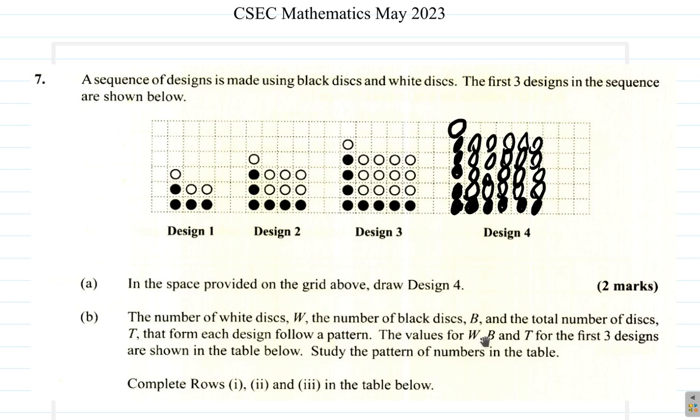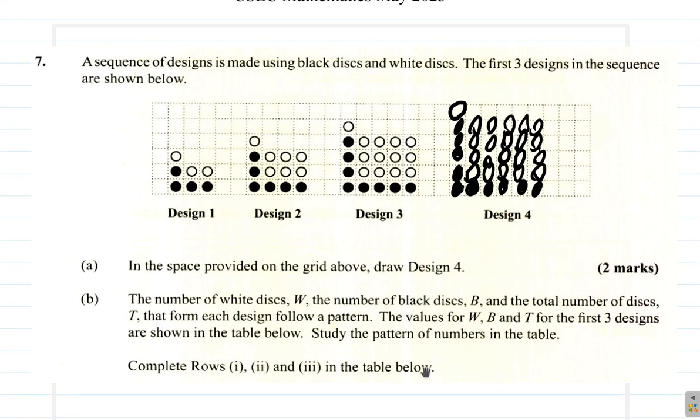The values of W, B, and T for the first designs are shown in the table below. Study the pattern in the table and complete rows 1, 2, and 3 in the table below.